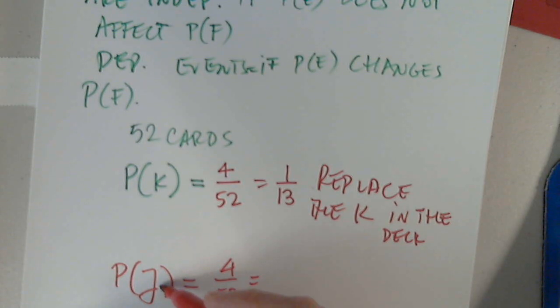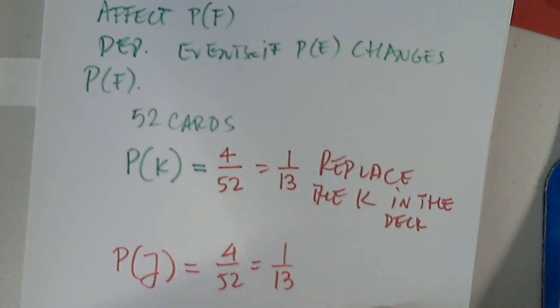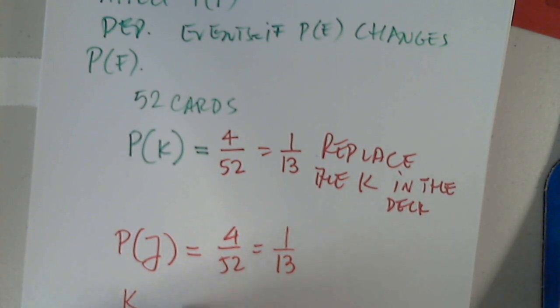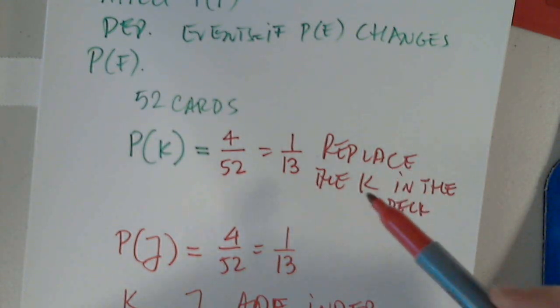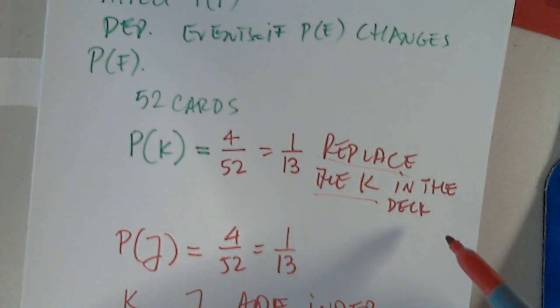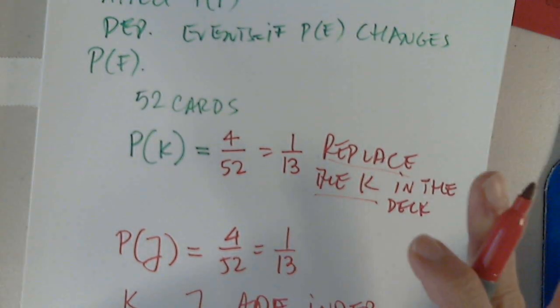I still have 4 jacks in the deck. I still have 1 over 13. K and J are independent. Notice that because I replaced the king back in the deck, nothing happened.